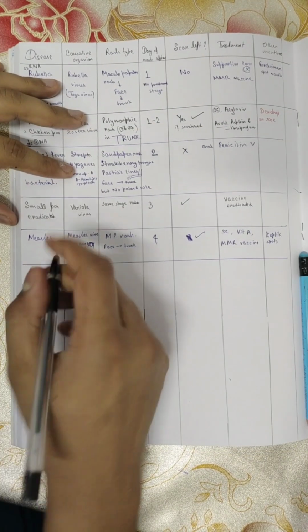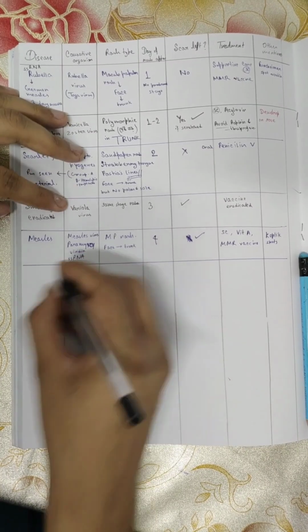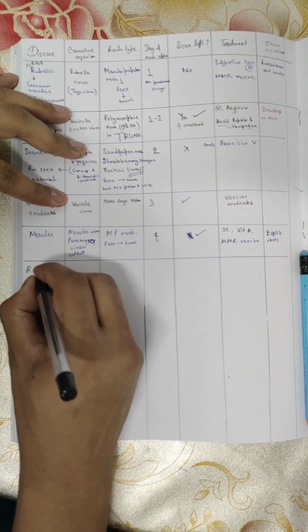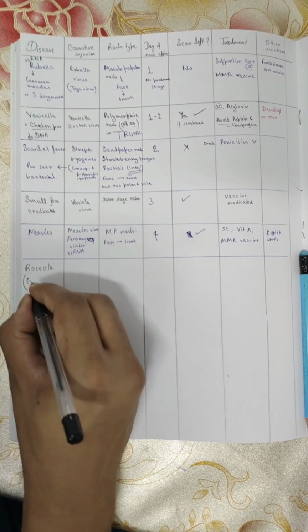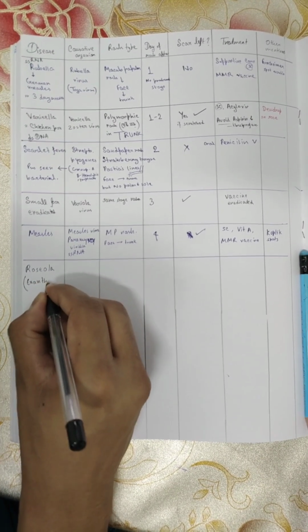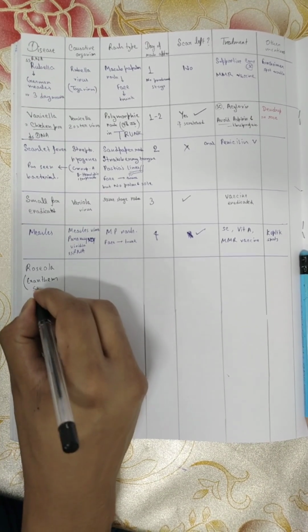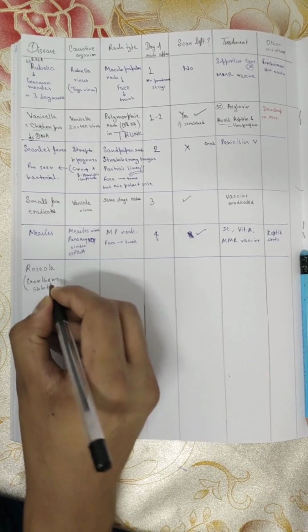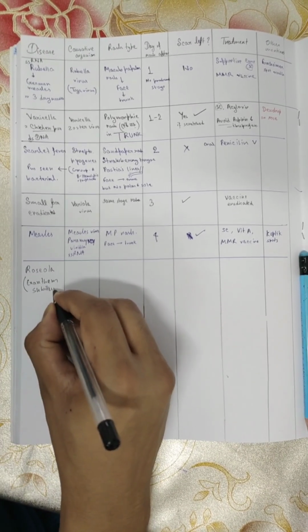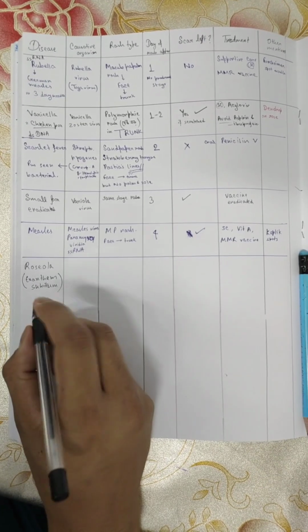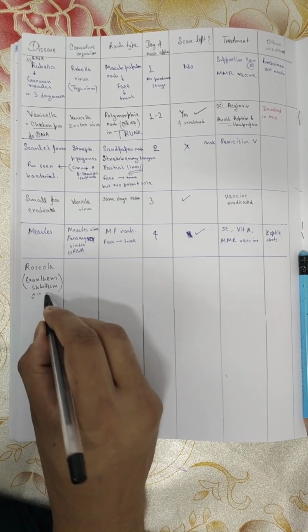Next, on the fourth day as well, we have Roseola. That is Exanthem subitum. It is the sixth disease.